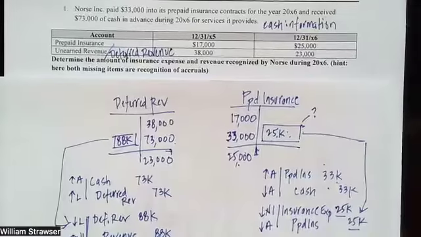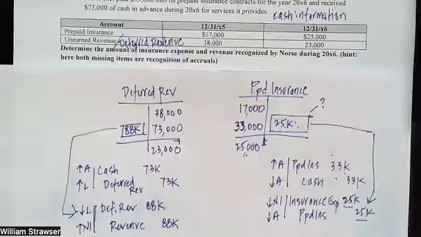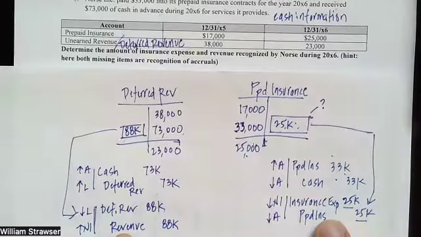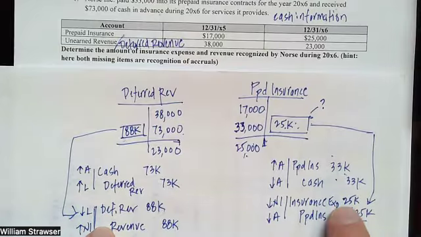Students who remember a little bit more about adjusting entries and whatnot will realize that these are both adjusting entries. These are both accrual adjusting entries, a recognition of revenue at the end of the period, a recognition of insurance expense at the end of the period. And we'll talk a little bit more about those to refresh your mind in chapter two.